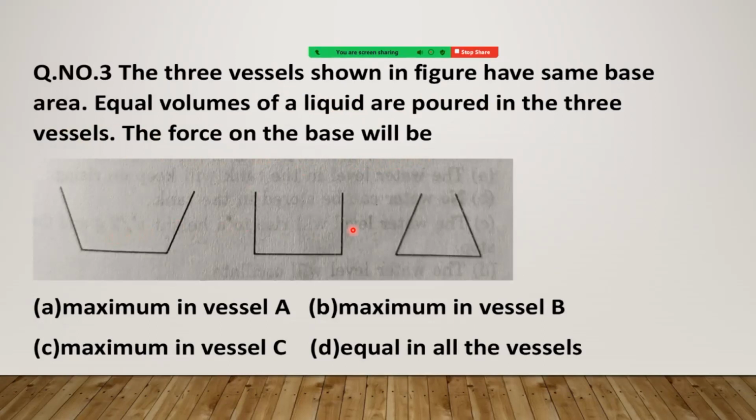So the vessels have different shapes but the same base area, and equal volumes of the same liquid are poured. That means the weight of the liquid is the same, right? Let us see how to calculate the force on the base.